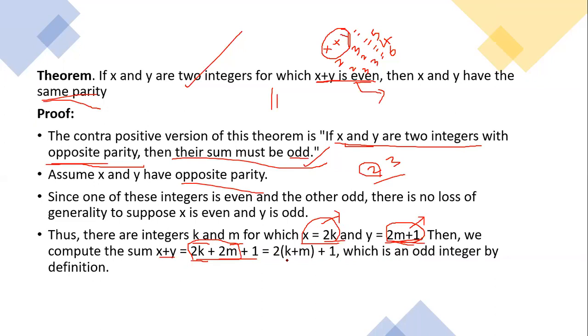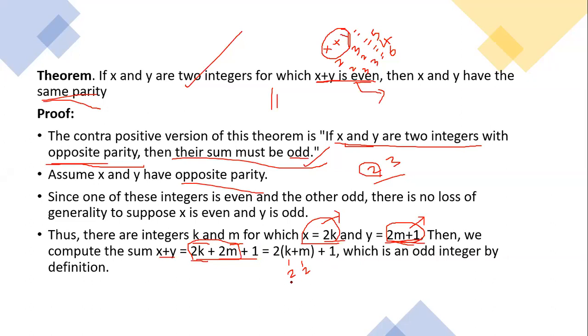For example, k is 1, m is 1. What is the answer? 2 times 1 is 2, plus 2 is 4, 4 plus 1, 5. Okay, this is odd. And then 2 means 4, and then 2 times 4 is 8, plus 1, that is 9.